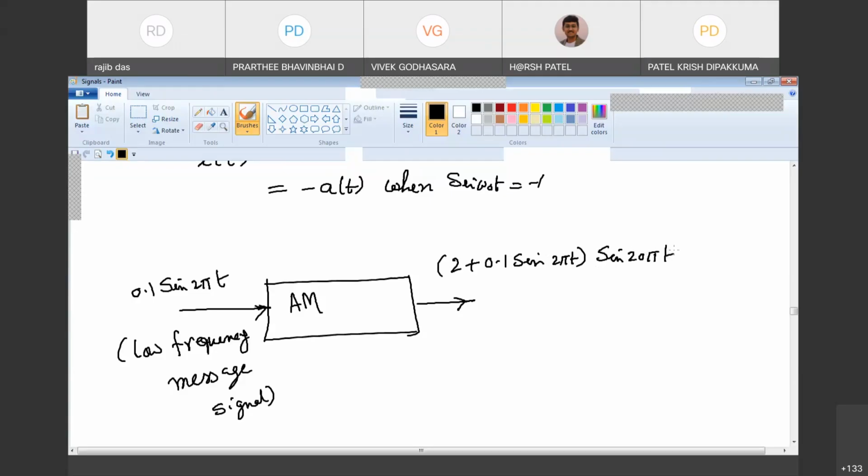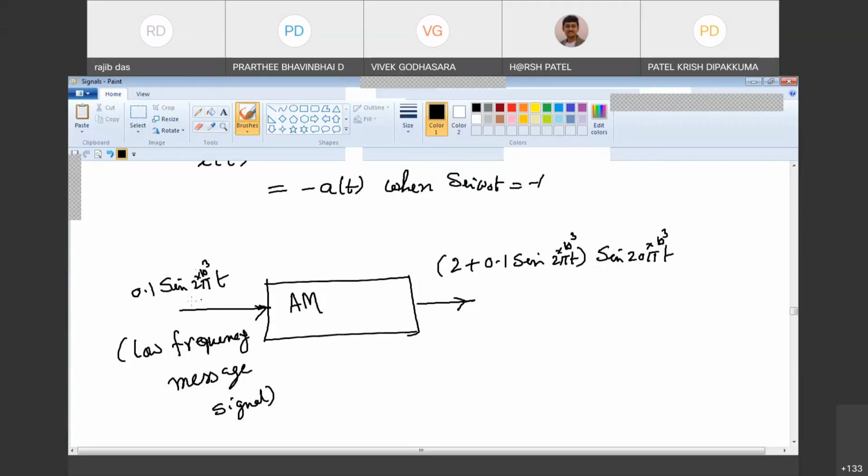20 pi t. Okay, so this kind of frequency is not used, so I can consider 2 into 10 to the power 3, that is better. And here 20 into 10 to the power 3.